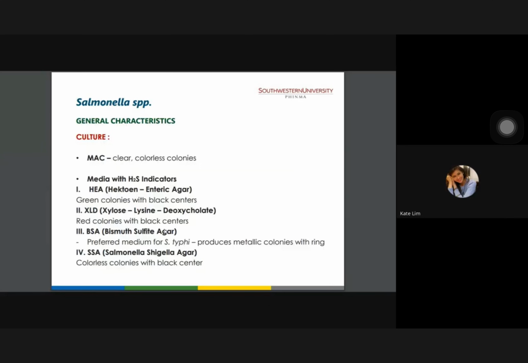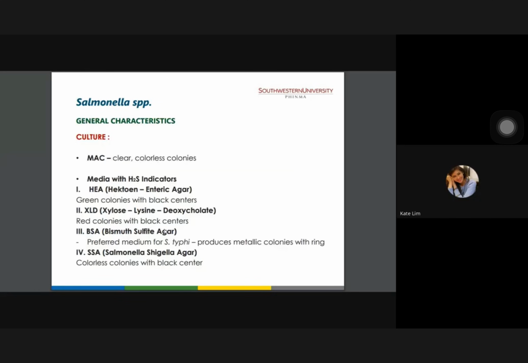How about Salmonella Shigella agar? Salmonella Shigella agar is also known as SSA. SSA is used to differentiate Salmonella versus Shigella. For Salmonella, the colonies are colorless but with a black center. Again, the black center indicates hydrogen sulfide.